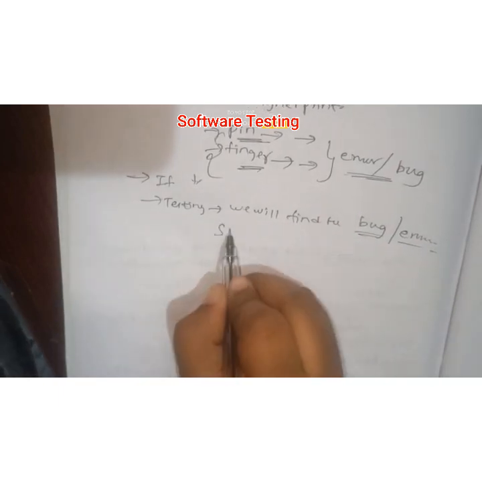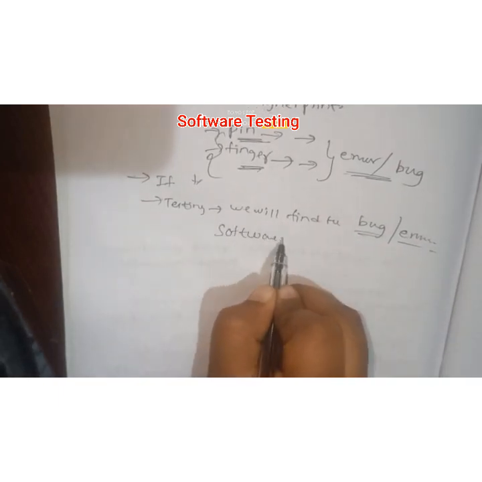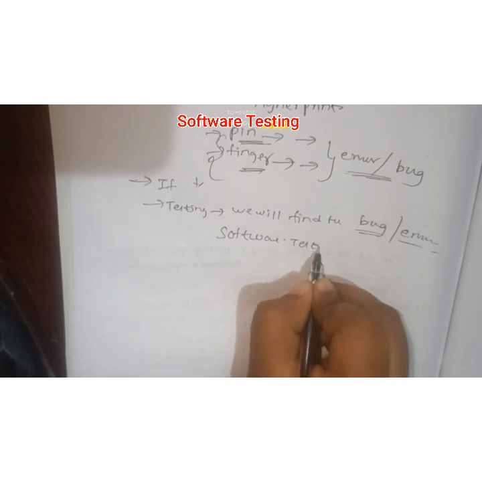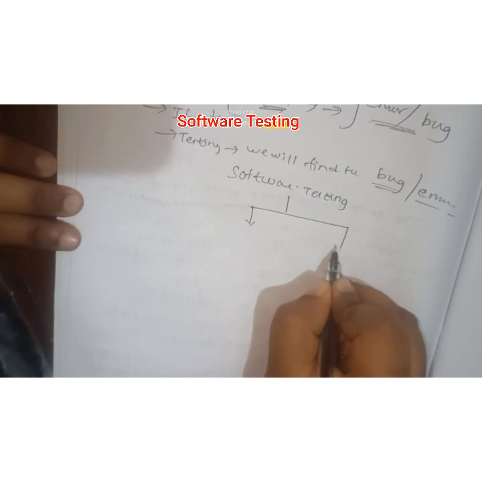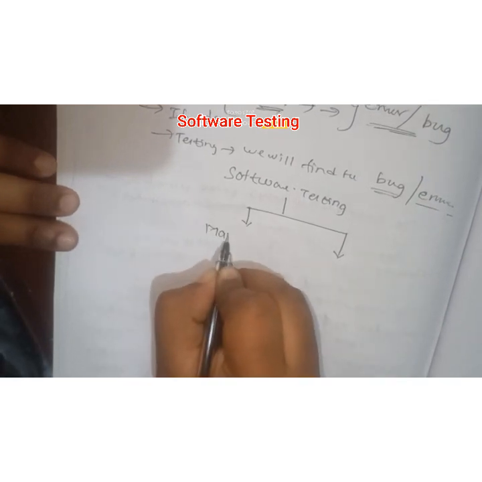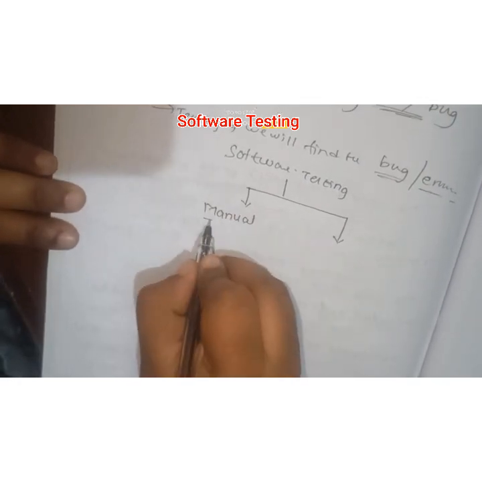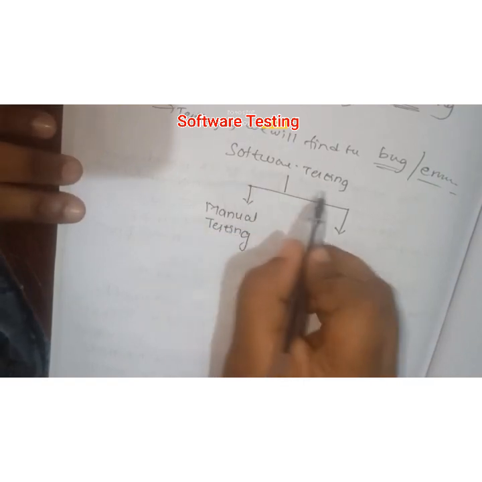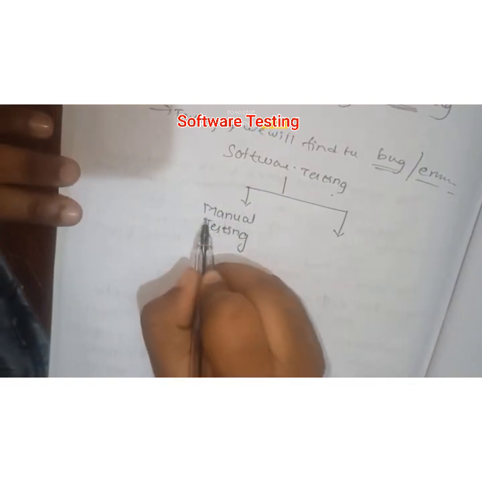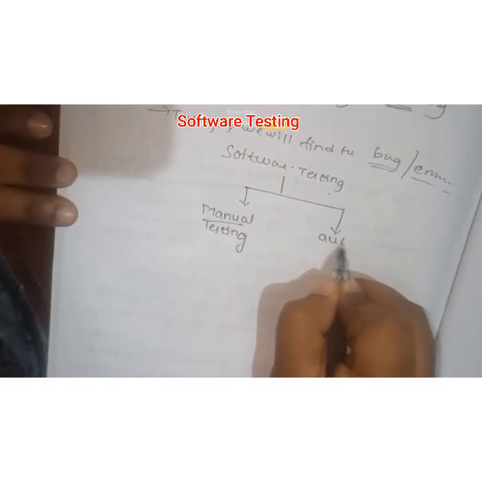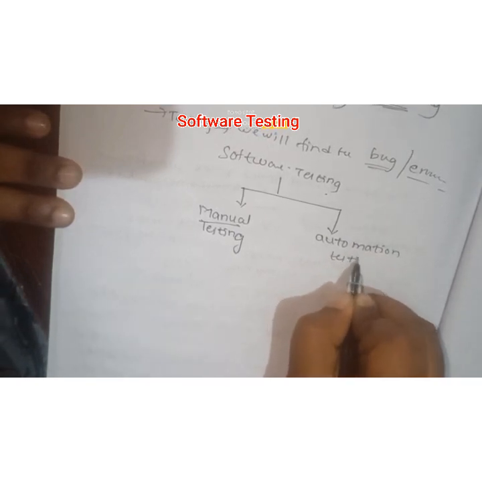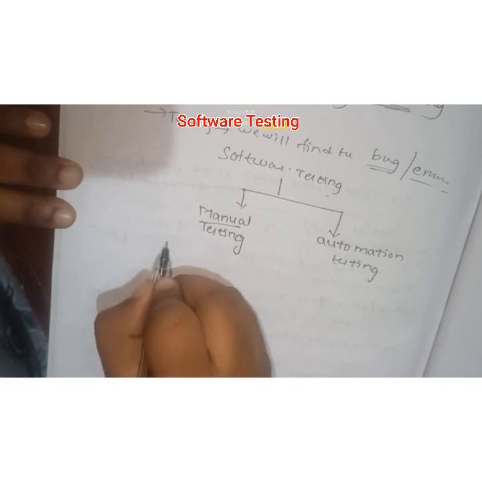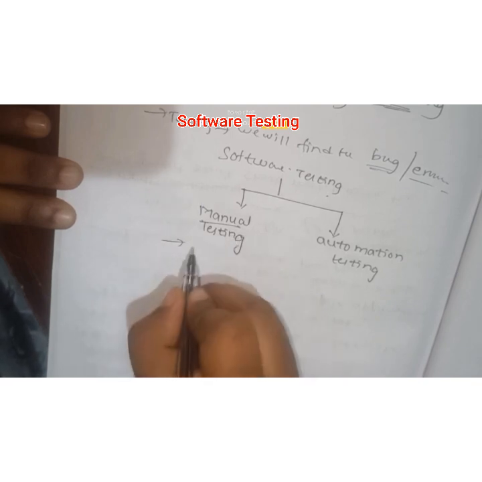So in software testing, there are two types: manual testing and automation testing. In manual testing, what is the definition of manual testing?